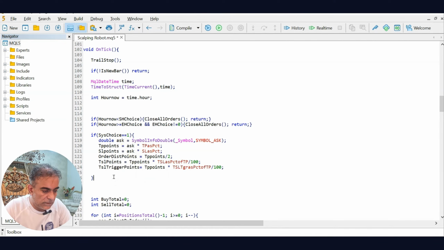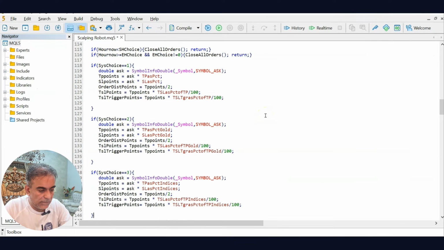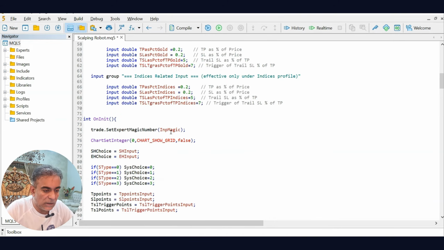Then we go to the next line and repeat the same process for gold by saying if system choice equals 2, and if you put two equal signs, that's a condition check. So if system choice equals 2, then get the ask price, then get the TP points by multiplying the ask price, which is the market price, by whatever is the TP as a percentage for gold.